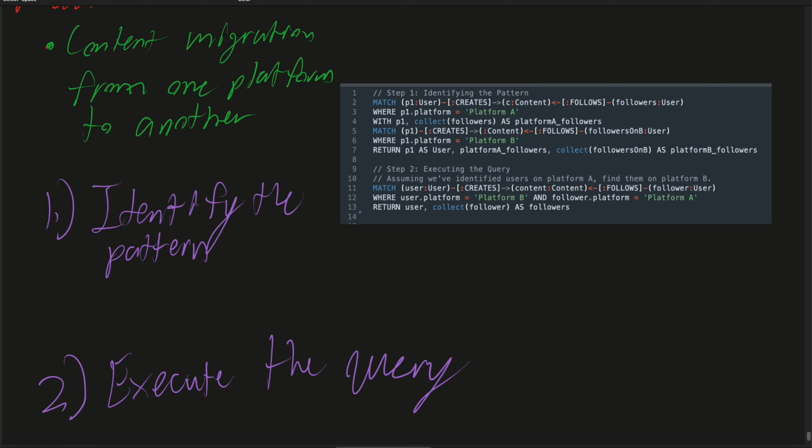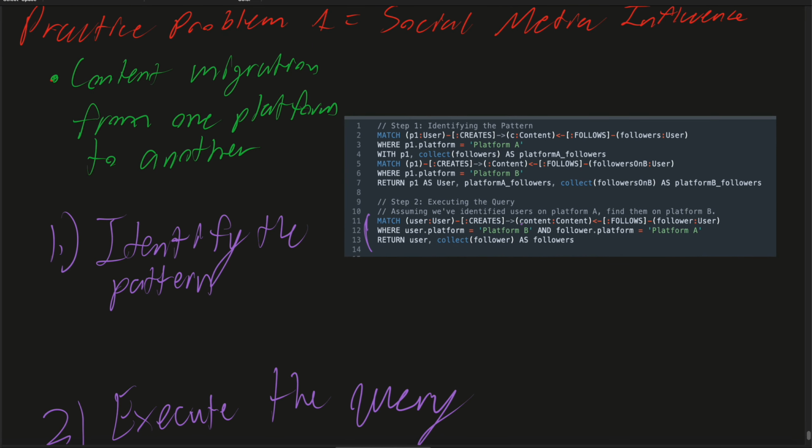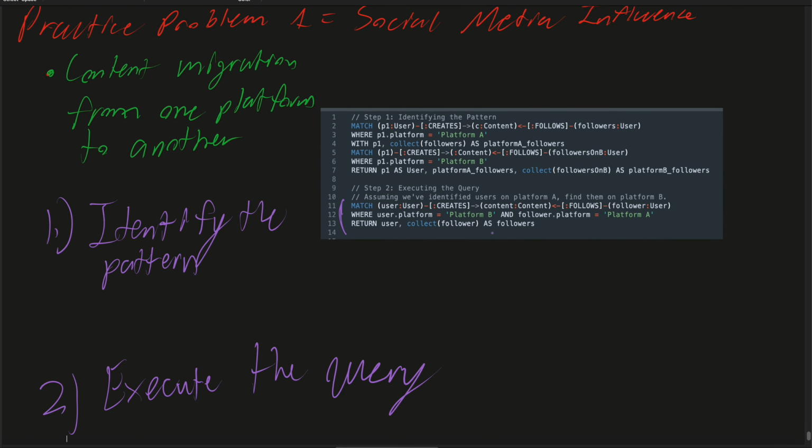Then we execute a query where we always start with match, as indicated here. We're able to identify and extract specifically the content and the followers from both platforms, and we return the collection of followers as well. So this is our first practice problem, focusing on the application of Cypher.